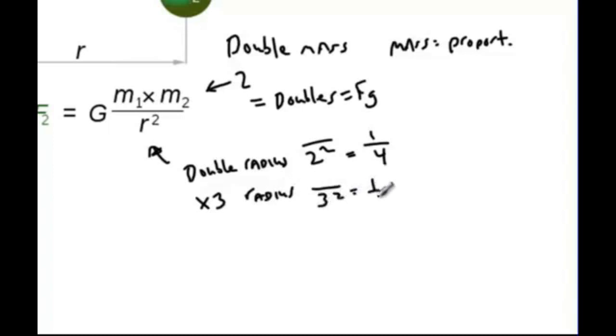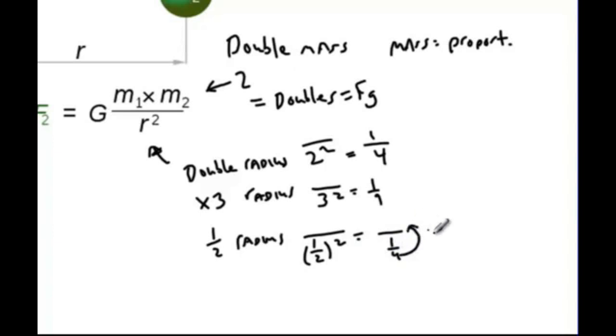So you would have 1/9 of the force of gravity. If you half the radius, on the bottom you have 1/2 being squared. That is again on your denominator, and so that ends up being 1/4, and that 4 comes up top, which means if you decrease the radius, it will go up by a multiplier of 4 times.